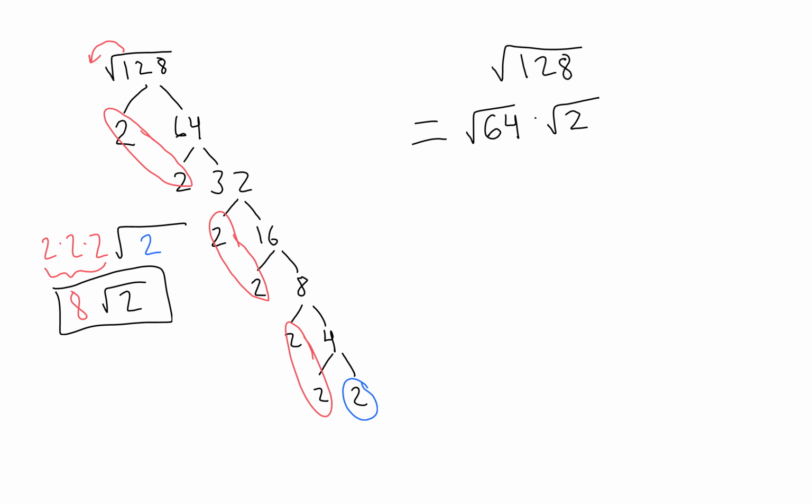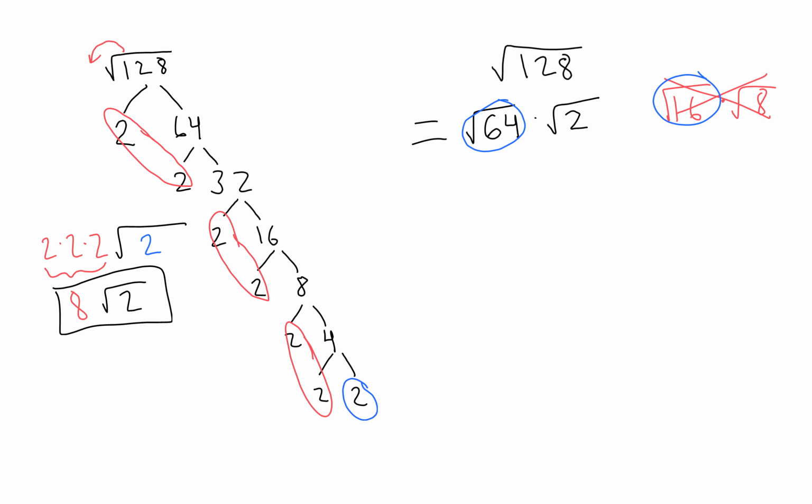So for instance, you would not want to do, let's say, 16 times, I guess that would be 16 times 8. We don't want that. That's not good, because 16 is too small. If you can find a square root that is the biggest, that's the best.